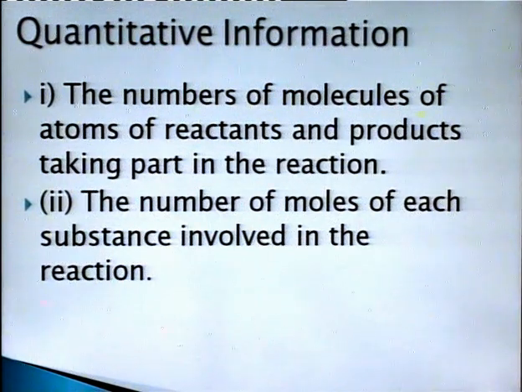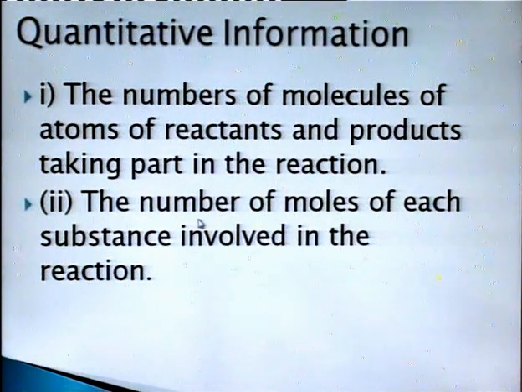Next is what kind of quantitative information is given by a chemical equation. It tells us about the number of molecules of the reactants and products taking part in the reaction. So in the first step, it tells us about the number of molecules of each reactant and product, that how many reactants are reacting and giving how many products.